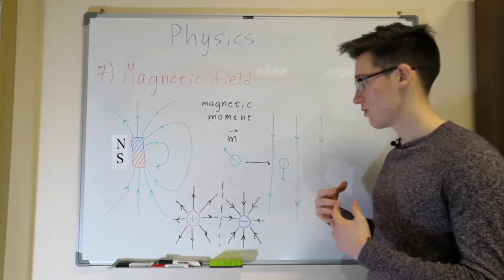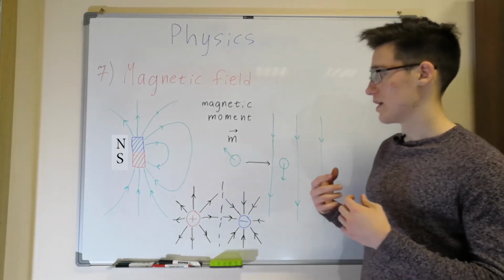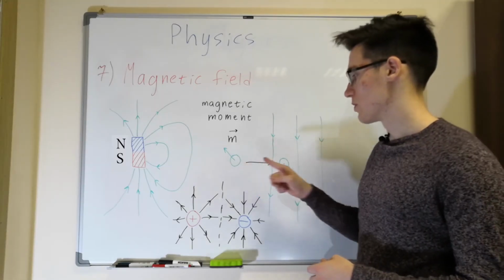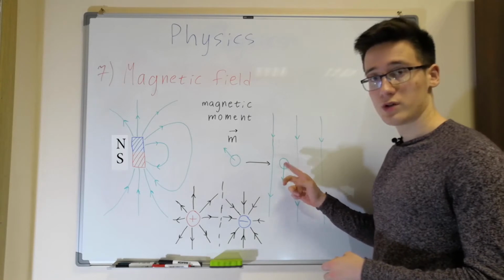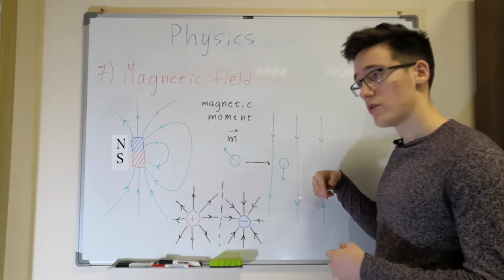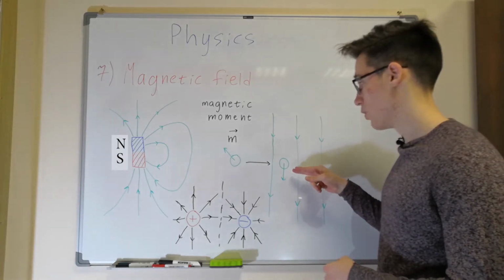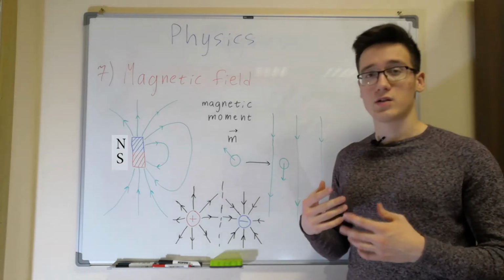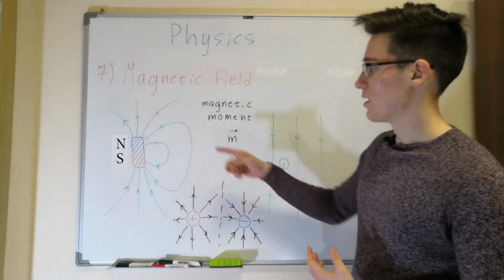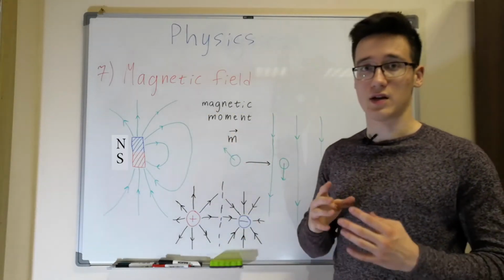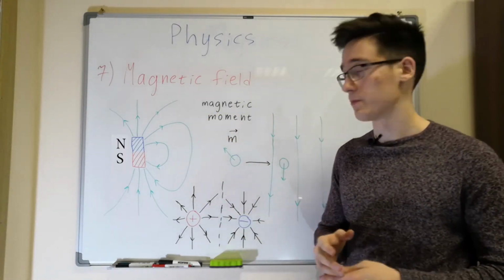And the property of this magnetic moment is that if this body was placed in an external magnetic field, it would orient itself so that its magnetic moment would become aligned with the external magnetic field. And this is what the arrows indicate in the case of the magnetic field.